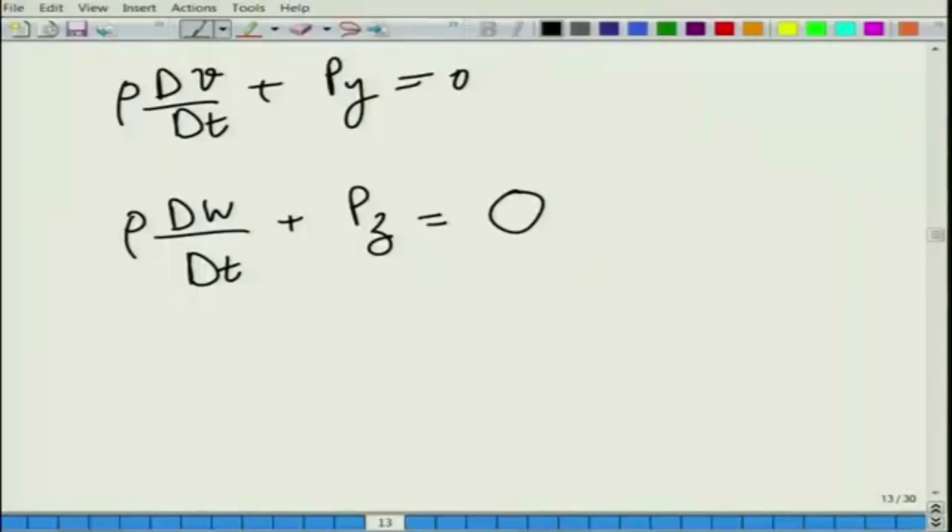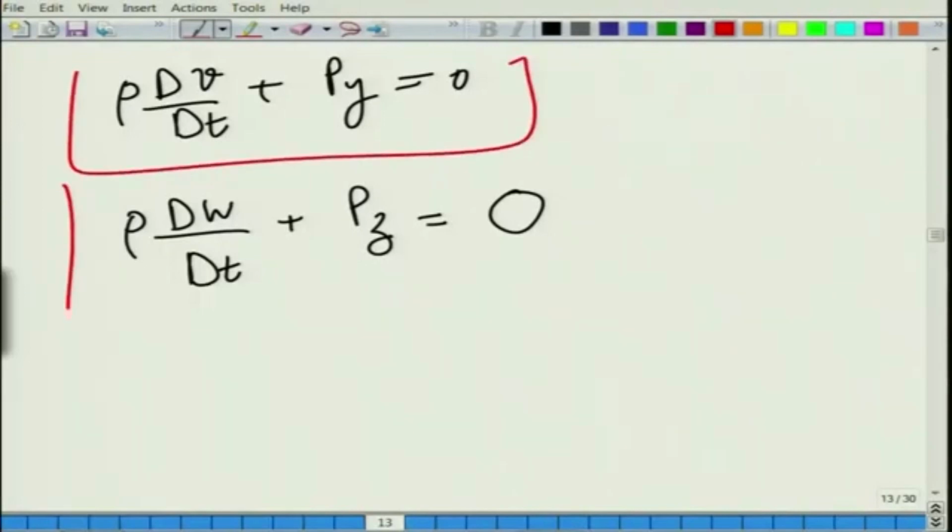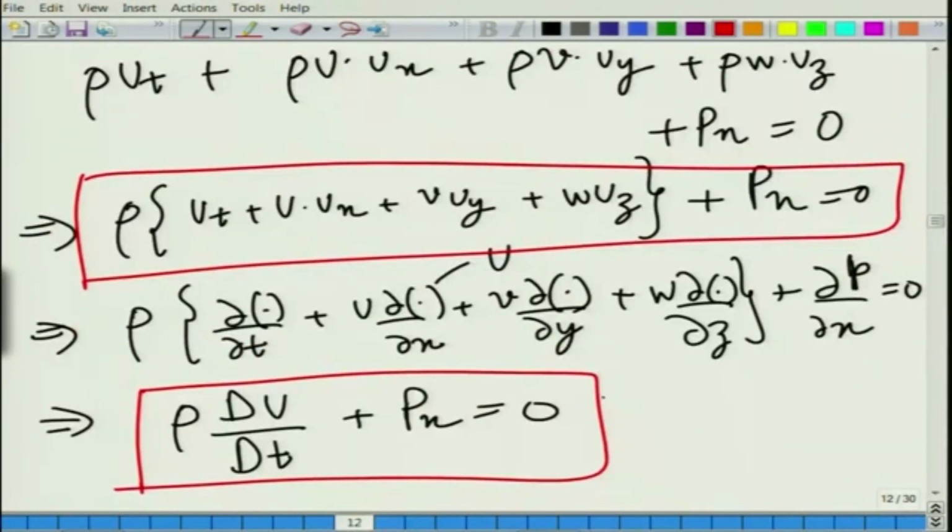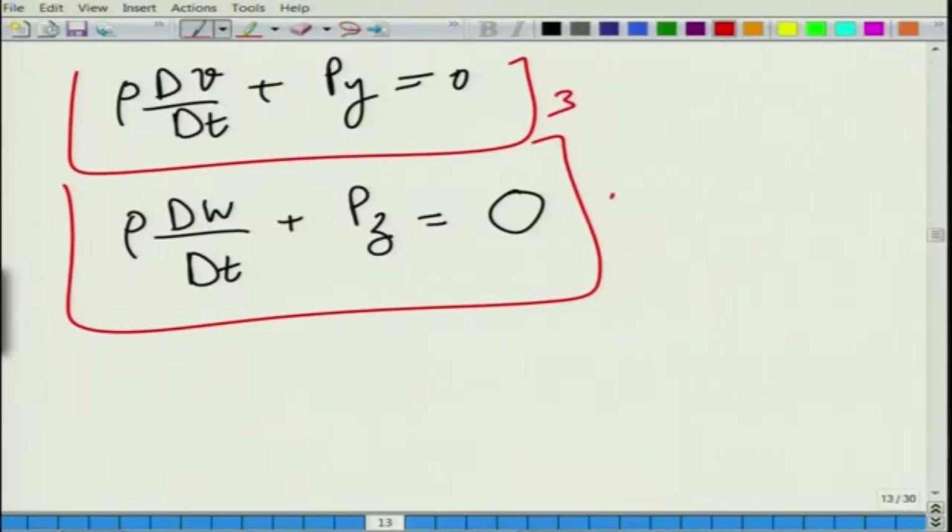We are considering only the Euler equations, that is zero viscosity, inviscid flows, and once we get your momentum equations, then we will probably linearize them to get the linearized Euler equation in case flow is there, and then from that we can combine it to get your Helmholtz equation or the wave equation. Let us see how we go about it. So, this is your one equation, this is your another equation, and let me call these 2a, 2b, 3 and 4.